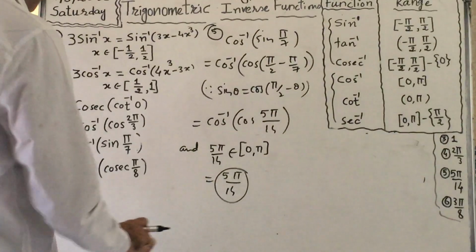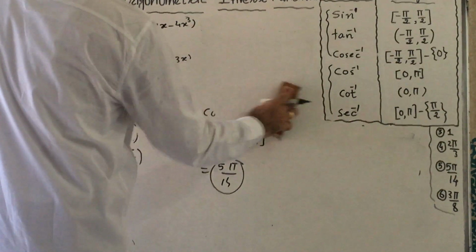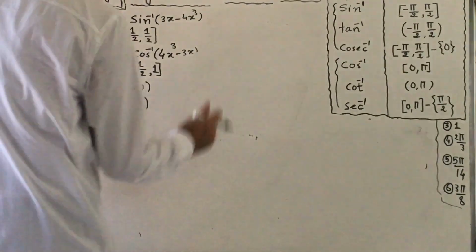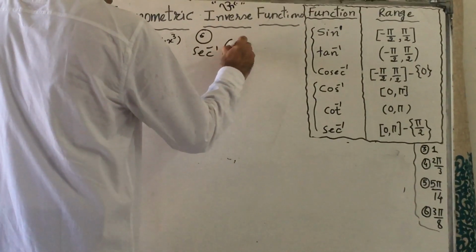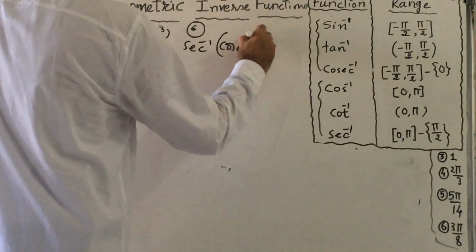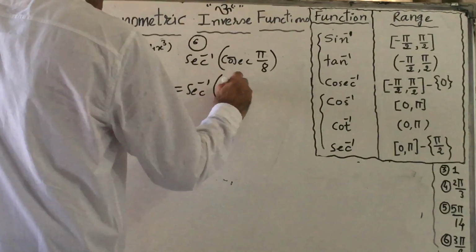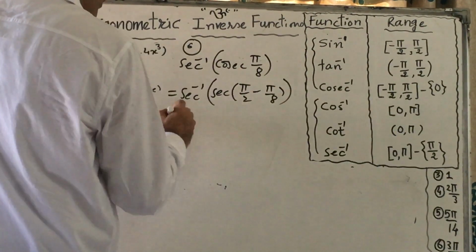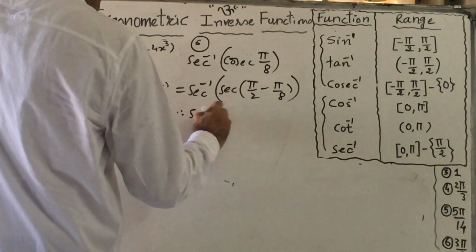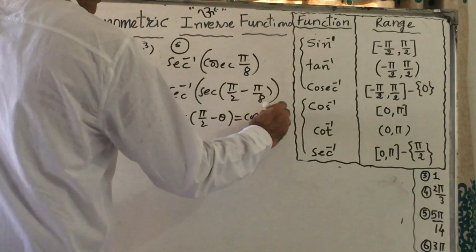And this last one, sixth, that is sec inverse of cosec pi by 8. So we have to write it like this, sec inverse of sec of pi by 2 minus pi by 8, because we know that sec of pi by 2 minus theta equals cosec theta.